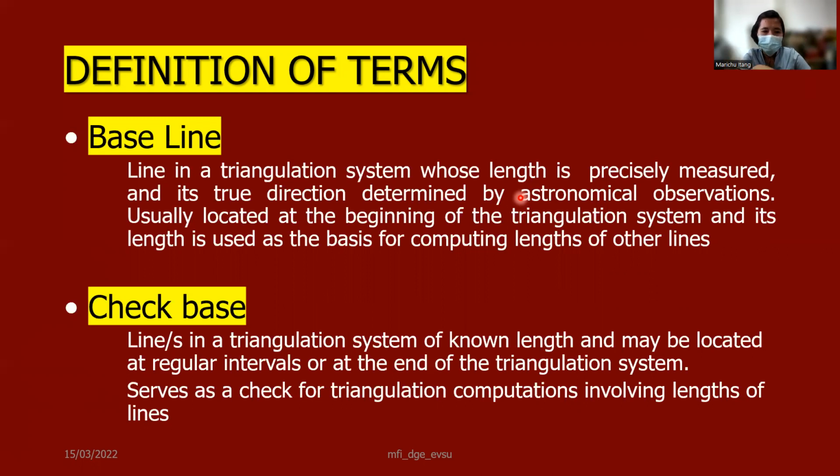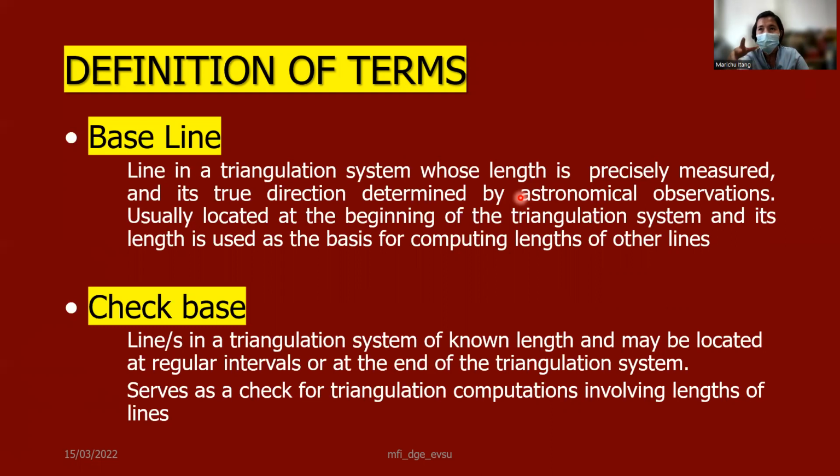Okay, so usually located at the beginning of the triangulation system, as the same to your activity last time, to determine the length of your baseline, and it's used as the basis for computing the lengths of the other lines. So take note that we are dealing with the triangulation.